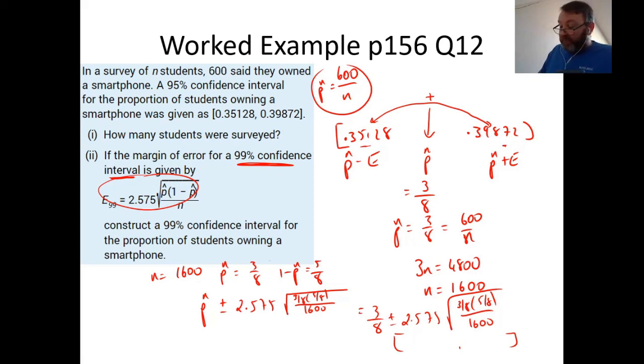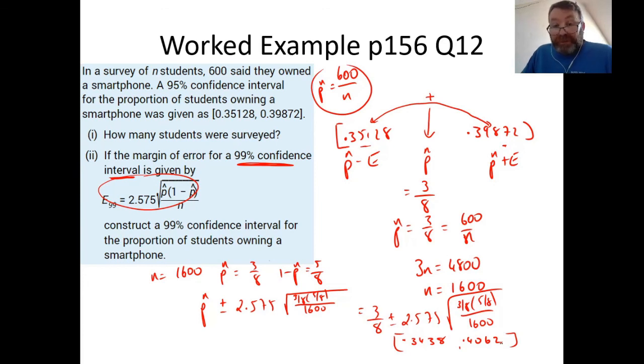So the answer, as far as the lowest one is concerned, is 0.3438. And the highest number, just go back and change the minus to a plus, and that comes out as 0.4062. So that is your 99% confidence interval.